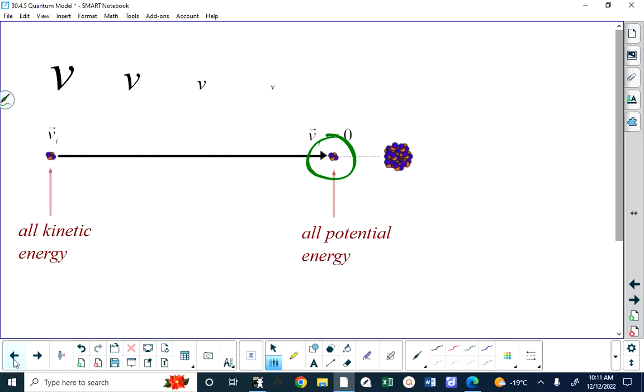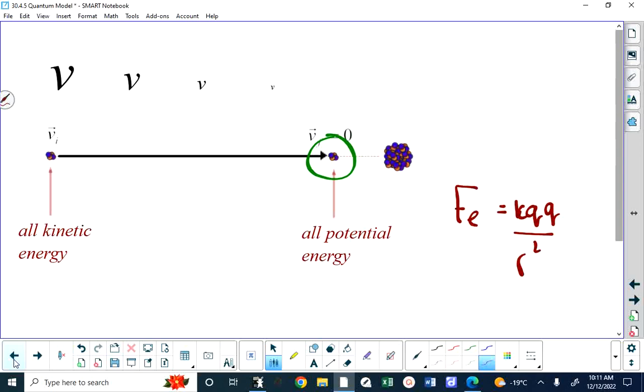Because Coulomb's law says that the electric force is equal to KQQ over R squared. This is from Unit 2. And since this is the smallest approach, the smallest distance, the force on the alpha particle will be as great as possible there, and that's where the acceleration would be as great as possible.